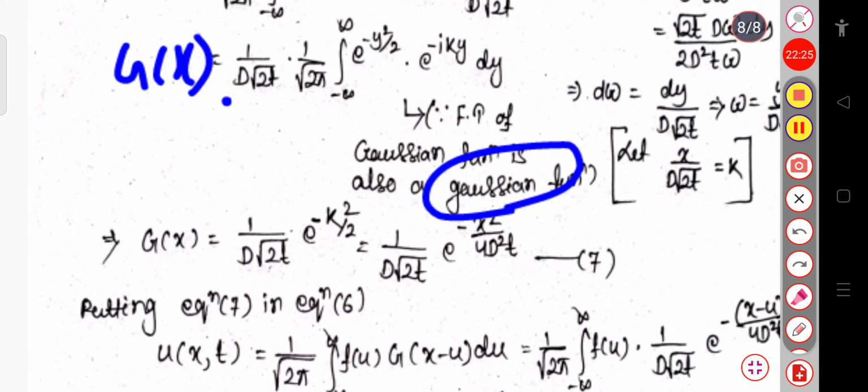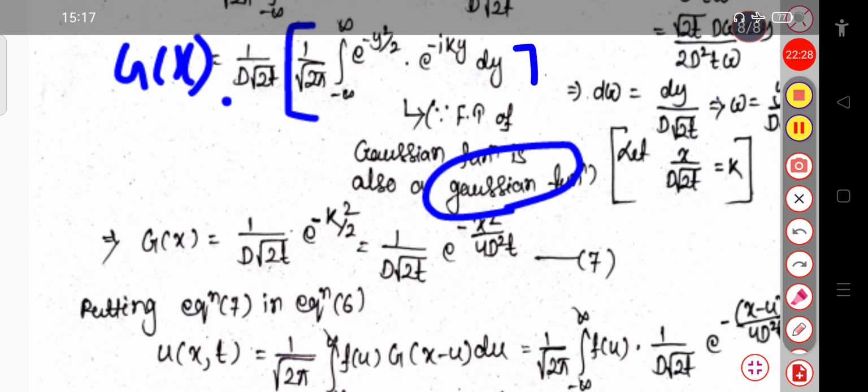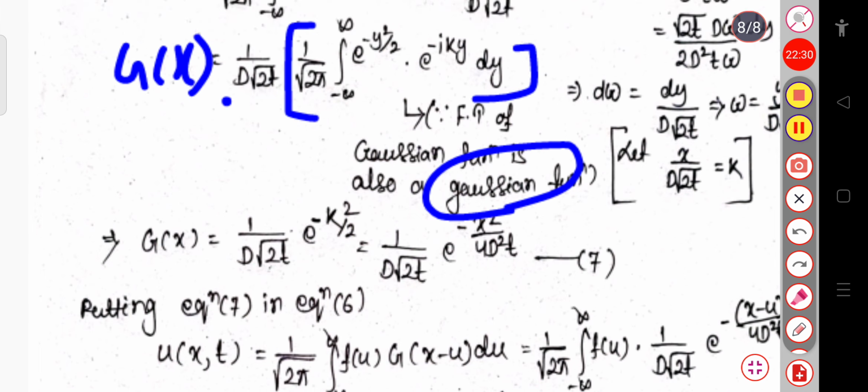That's why for this total term we can write exponential minus k square by 2, because the Fourier transform of a Gaussian is itself a Gaussian function.